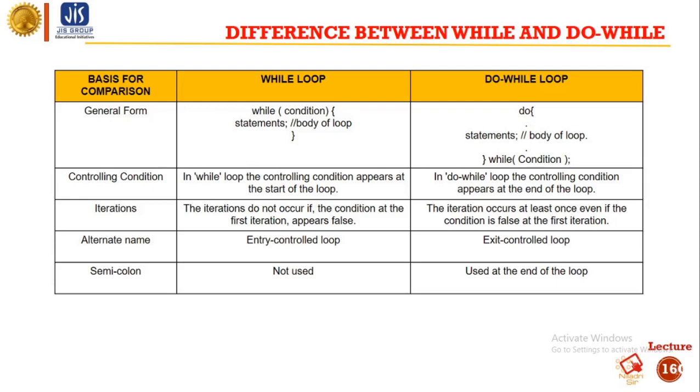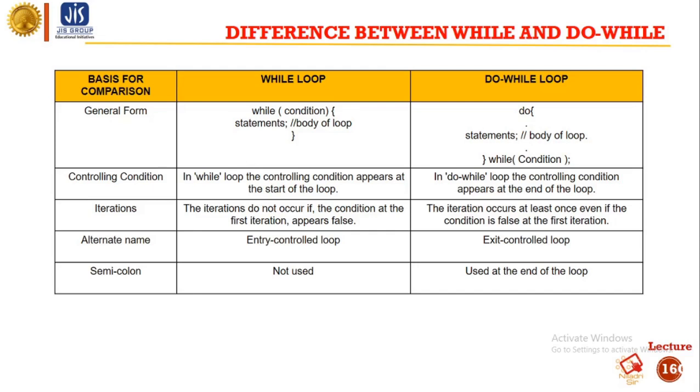So the next point is the controlling condition. In while loop, the controlling condition appears at the start of the loop. But in case of do while loop, it is at the end of the loop. And the iteration does not occur if the condition is false at the first iteration in case of while loop.